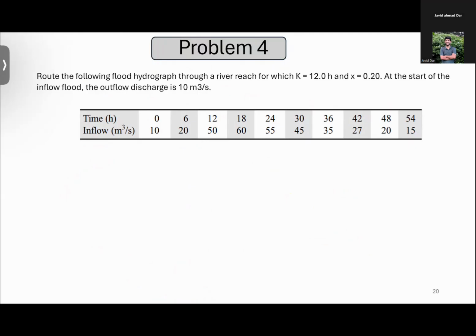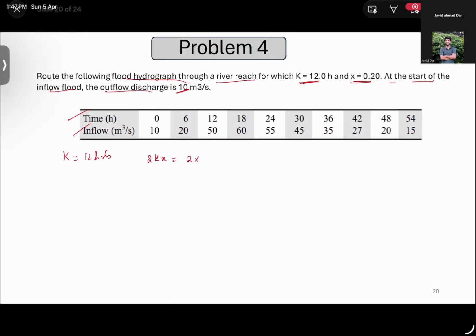You have to route a flood hydrograph where the reach's K and X are given. At the start of the inflow, the outflow discharge is 10 meter cube per second, and the time and inflow are given. We know that the K value is 12 hours and 2Kx is 2 into 12 into 0.2, which is 4.8 hours.